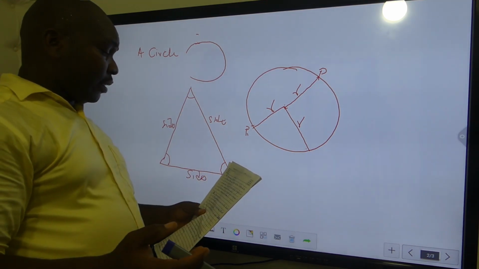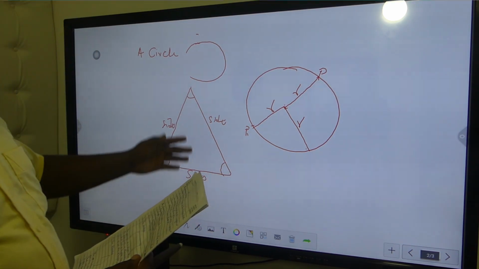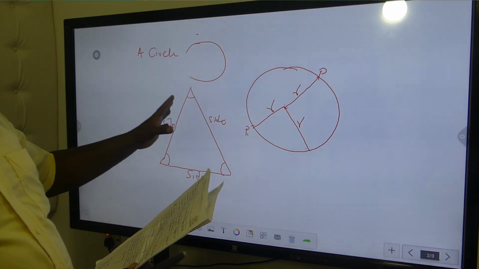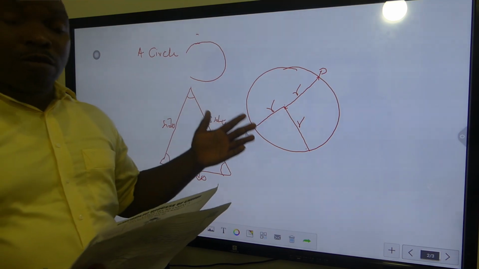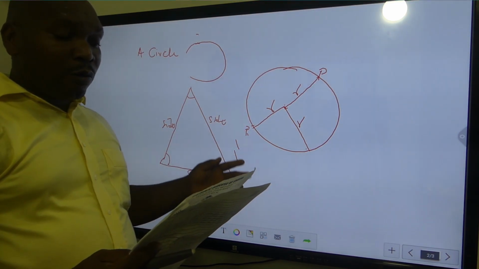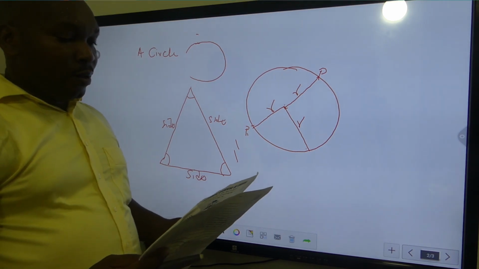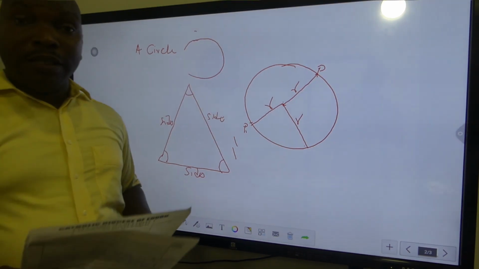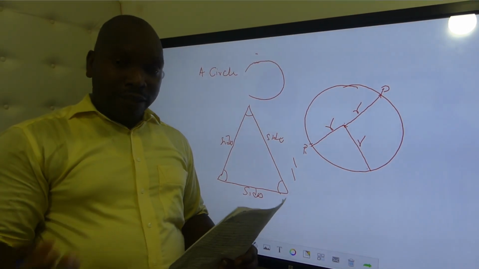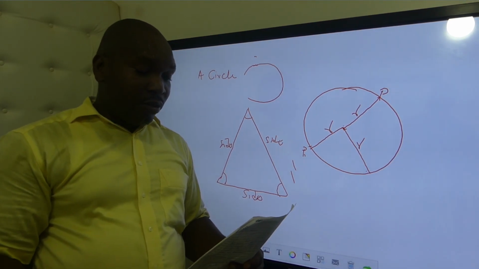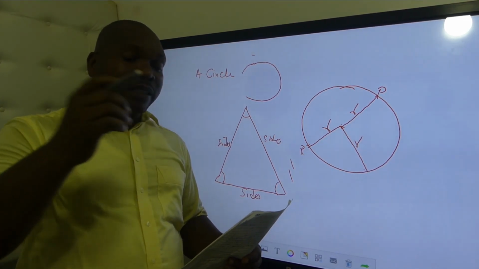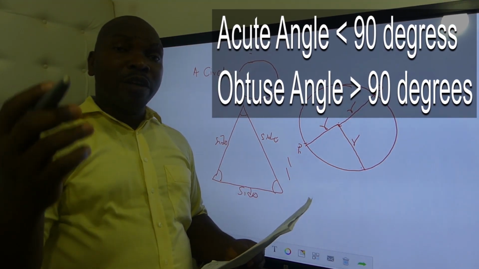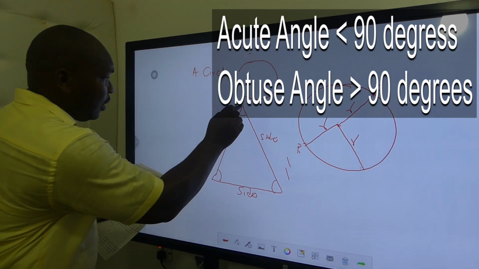In terms of their angles, we have the right angle triangle, the acute triangle, and the obtuse triangle. In the acute triangle, the angles are less than 90 degrees. In the obtuse triangle, one angle is greater than 90 degrees.